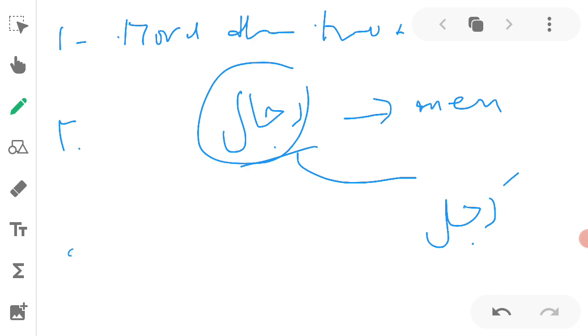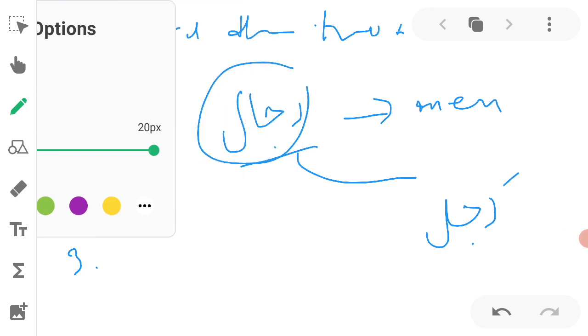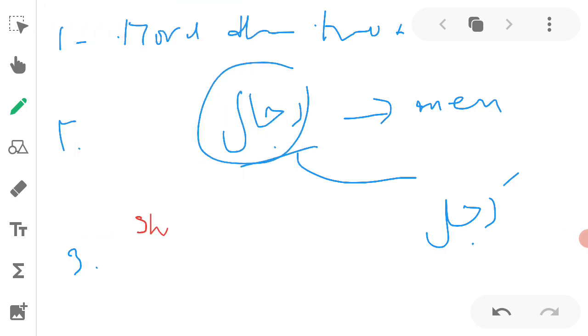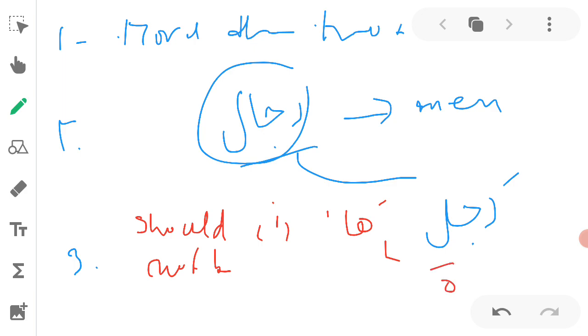And the third condition is that the only difference between plural and singular should not be either ha, which is the feminine ta, or ya nisba.